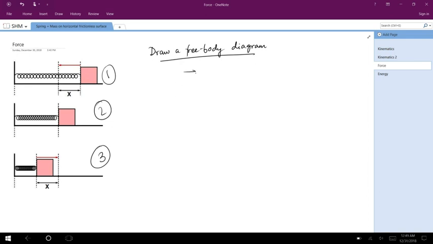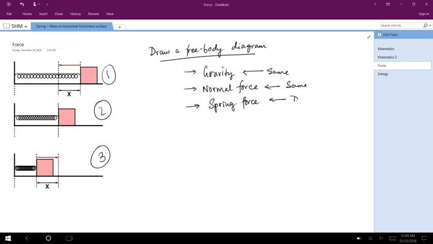So the forces that are acting are, first, gravity, number 2, the normal force, and then number 3 is the spring force or spring tension. Okay, so the force of gravity is always the same. Normal force also stays the same. Spring force depends on position of the block. So the spring force actually depends on how much the spring has been stretched or compressed.